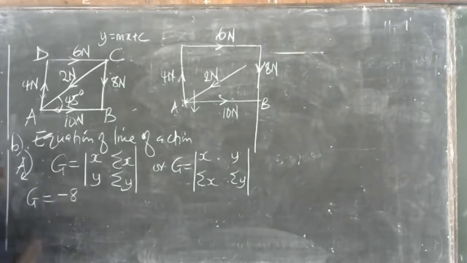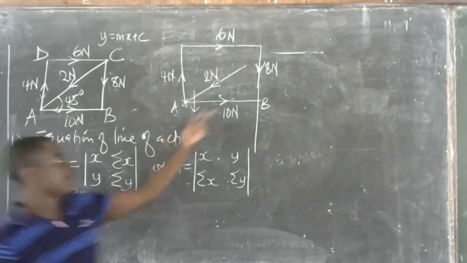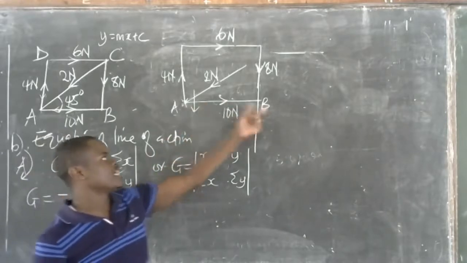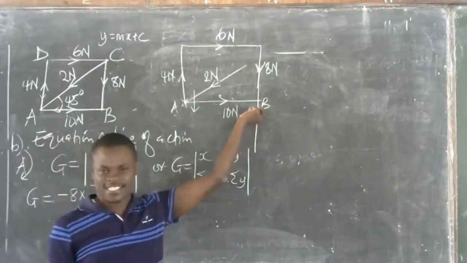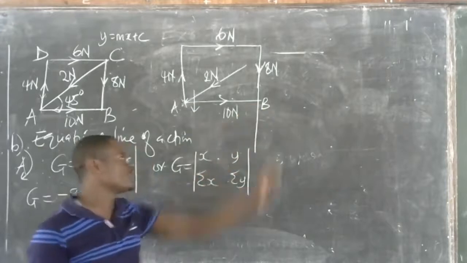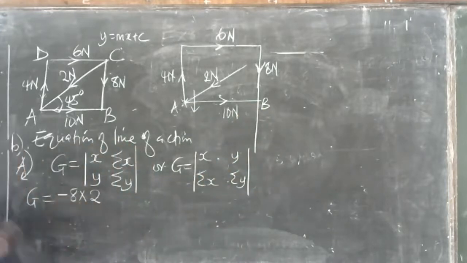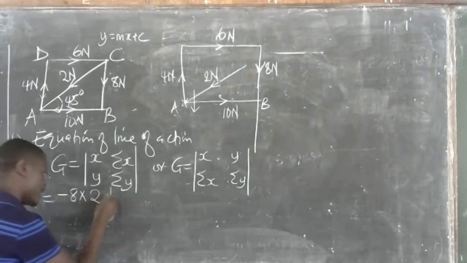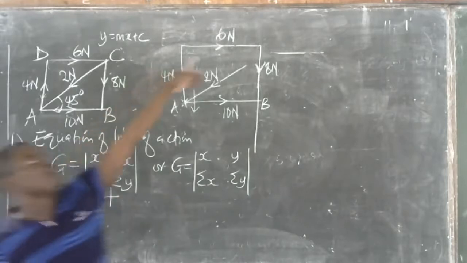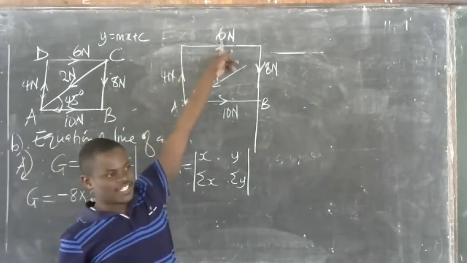The force is 8 multiplied by the perpendicular distance, 2 units, so times 2, and then plus, we move to the 6 Newton force.